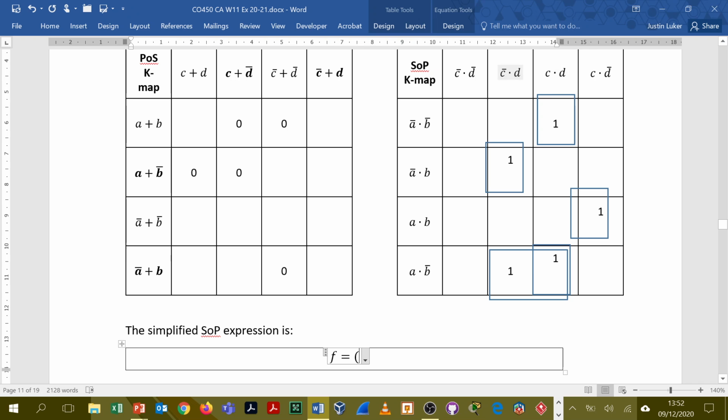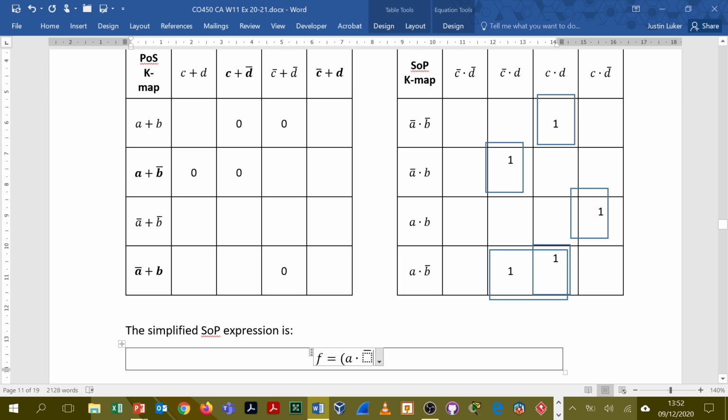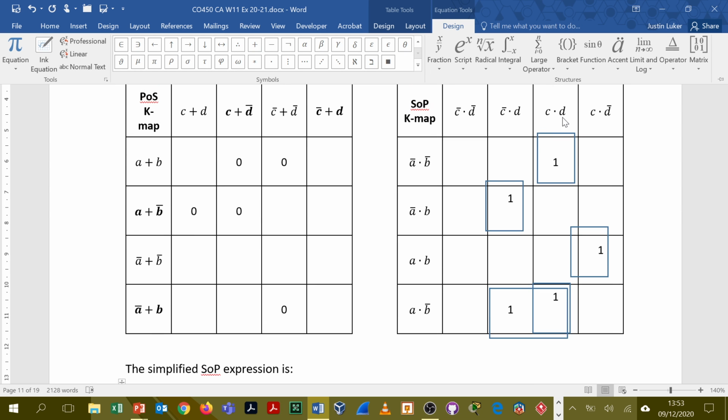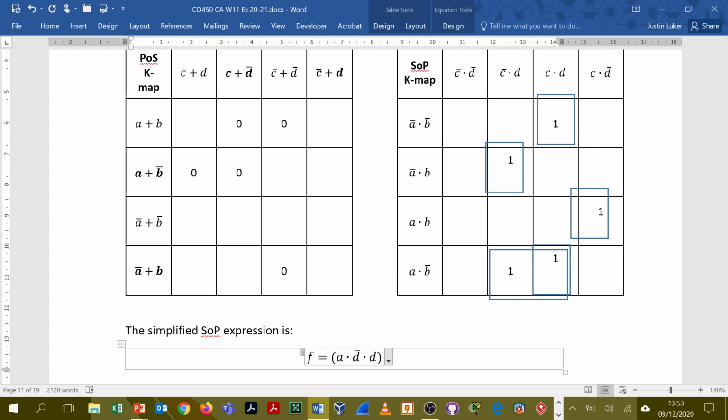What doesn't change here is D. So we can get rid of C for this prime implicant group. So A and not B, and D. Oh, I meant not D. There we go: A, not B, and D.